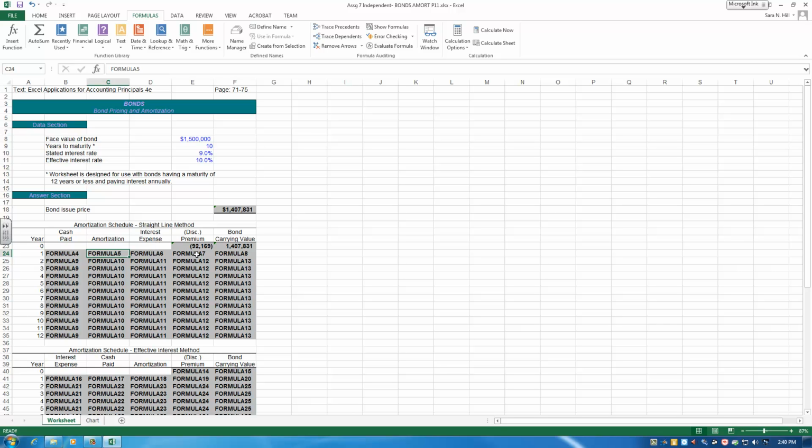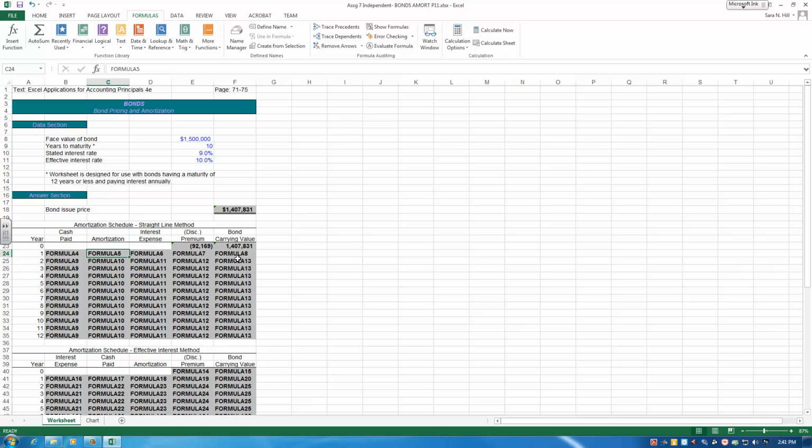Now your discount should take your prior month's discount and take into consideration your additional amortization for the month. So this amount should get smaller each month.